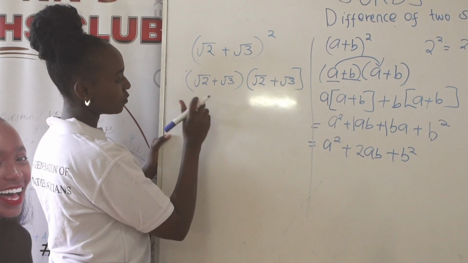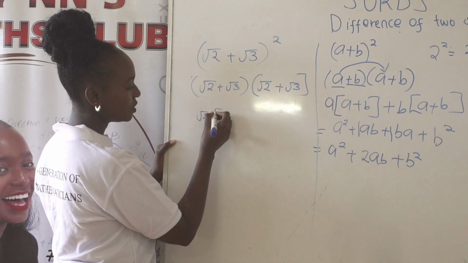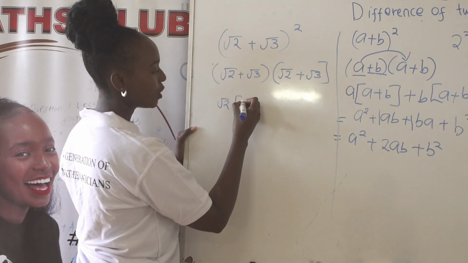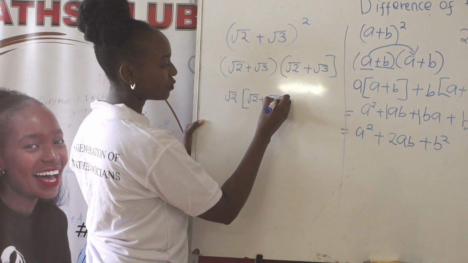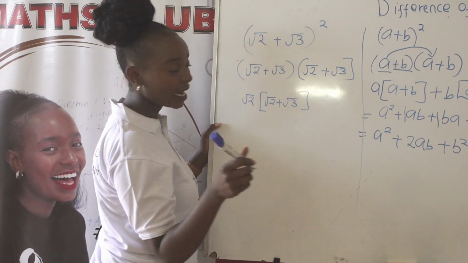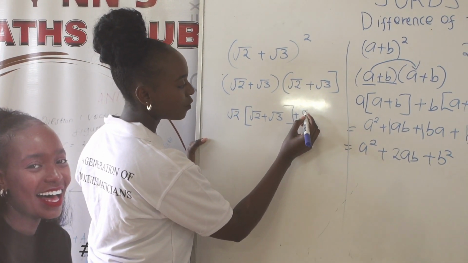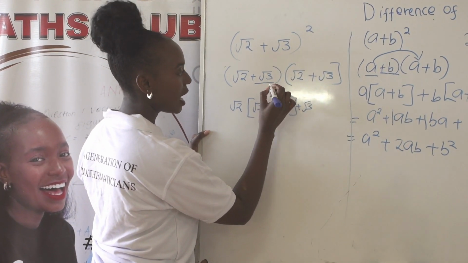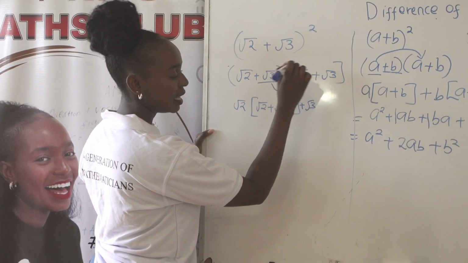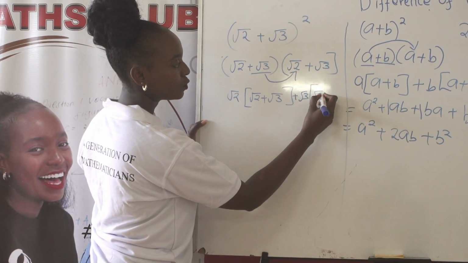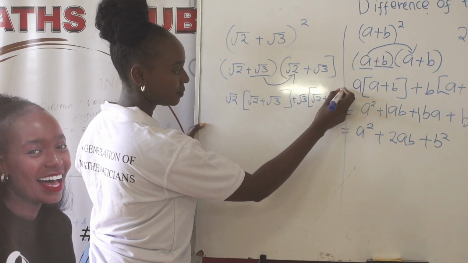Then you take root 2 and multiply it by everything on this side, root 2 plus root 3. Then you take this with a positive sign, plus root 3, and again multiply with everything here, root 2 plus root 3.